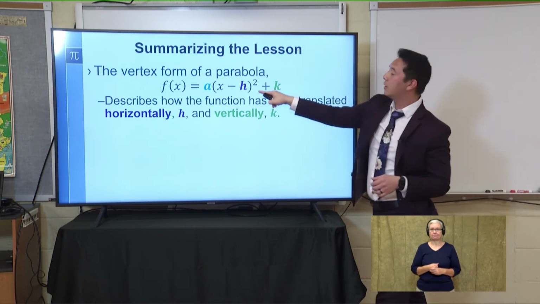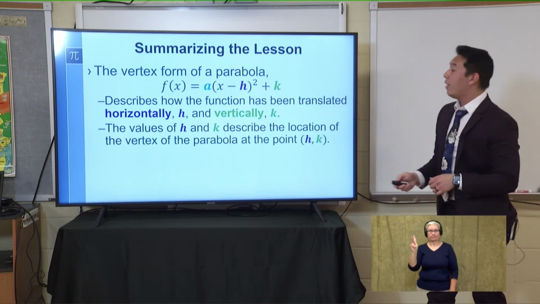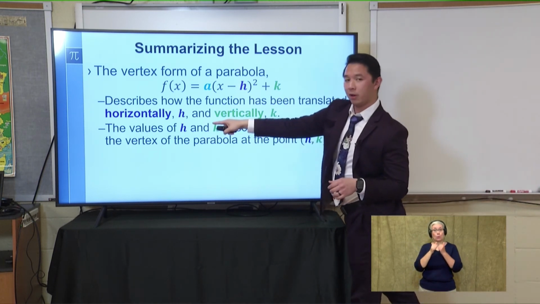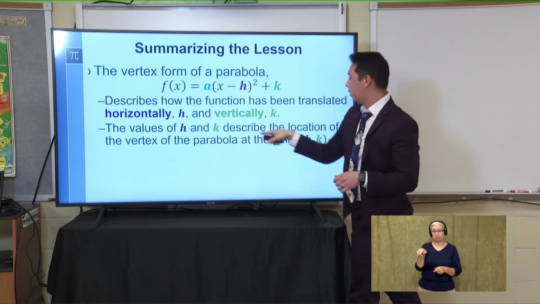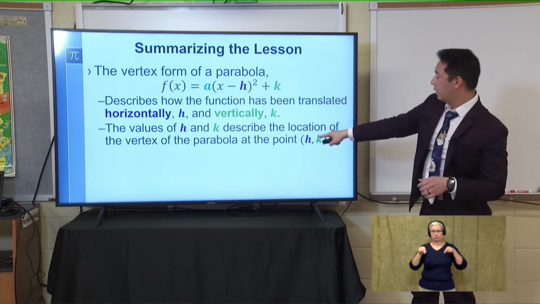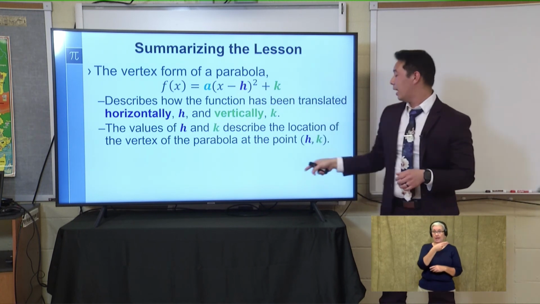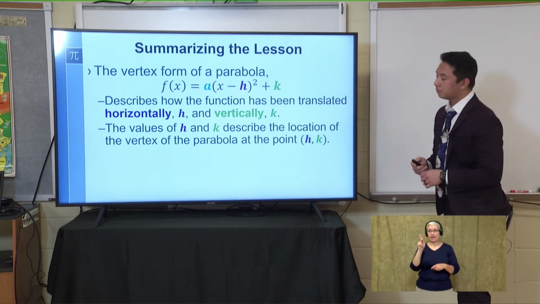Okay, so I'm looking specifically at these values of h and k. And then with that, because I know the translation, whether it's horizontal or vertical, I know the coordinates of my vertex. That coordinate point is going to be the values of h and k, respectively.